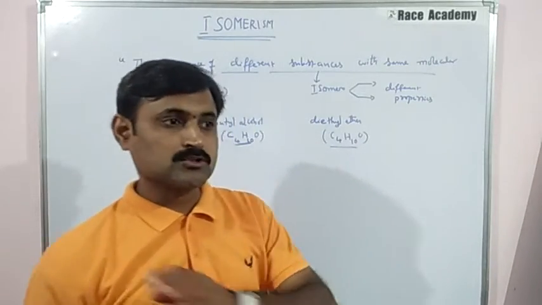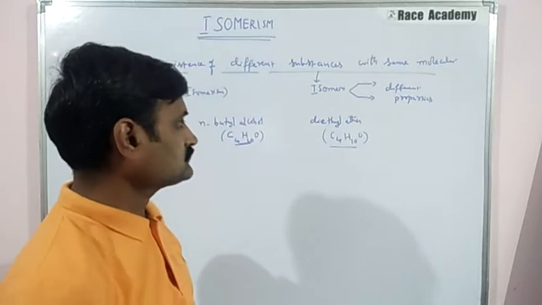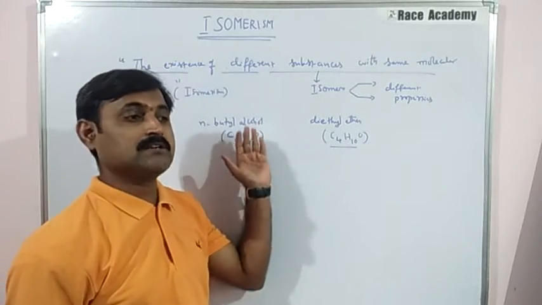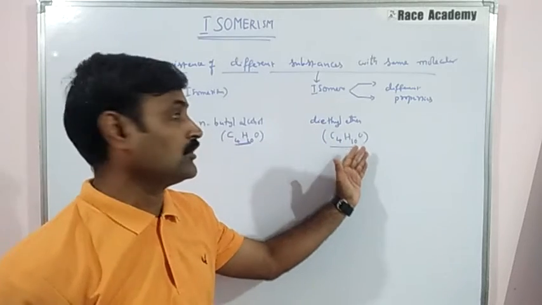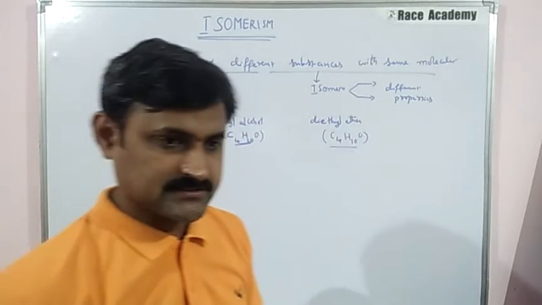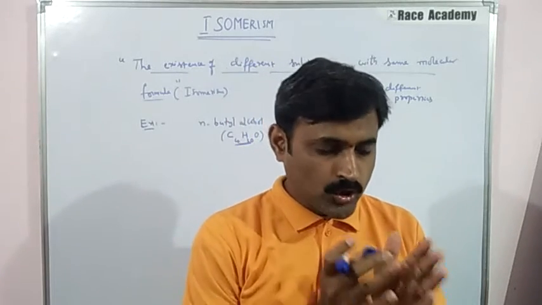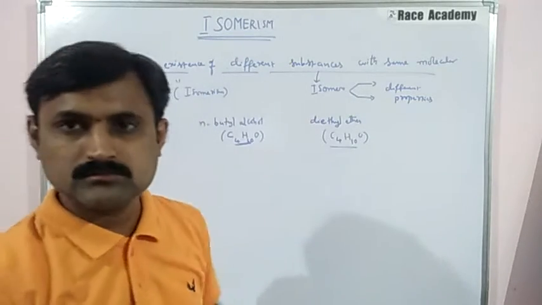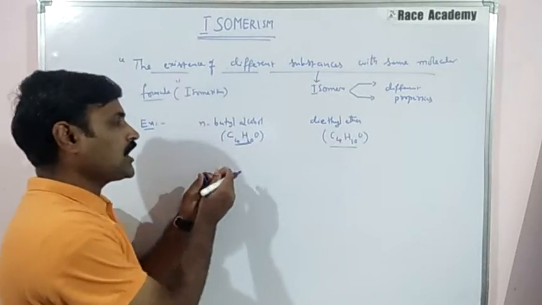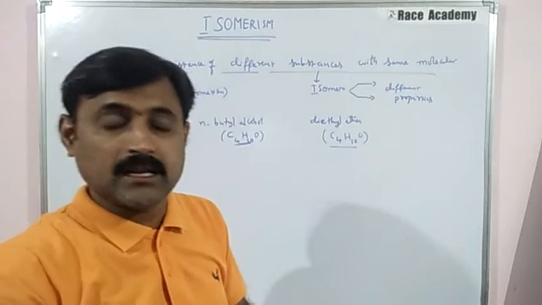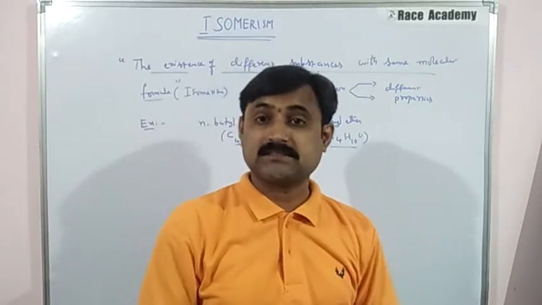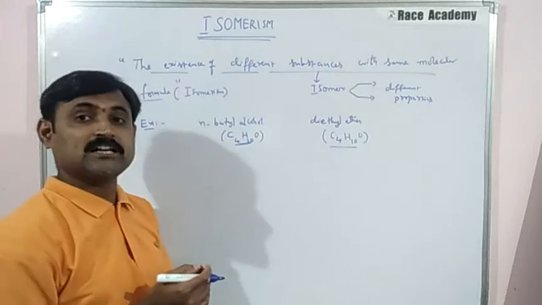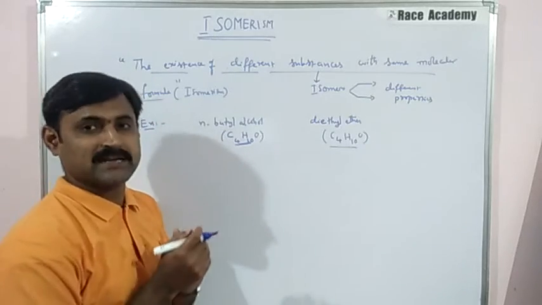Chemical properties are also not the same. Physical and chemical properties of alcohols are different from those of ethers. If you take butyl alcohol and treat it with sodium metal, it releases hydrogen gas, but ether does not release hydrogen gas with sodium metal.